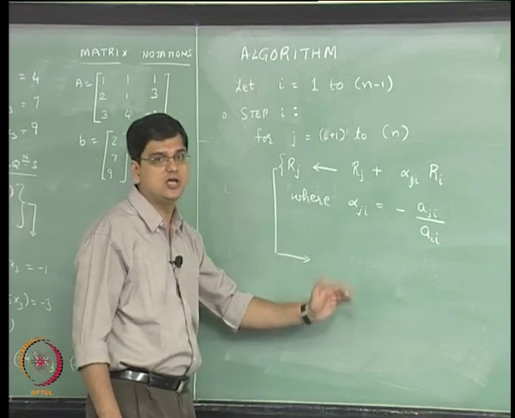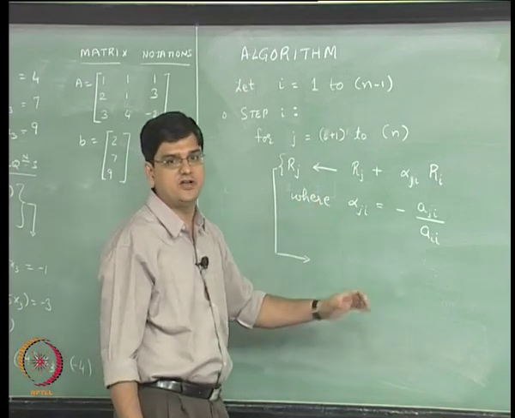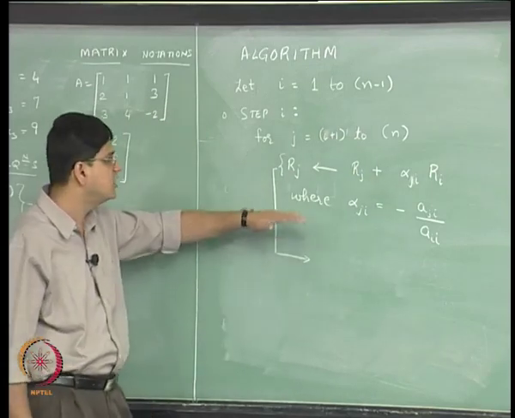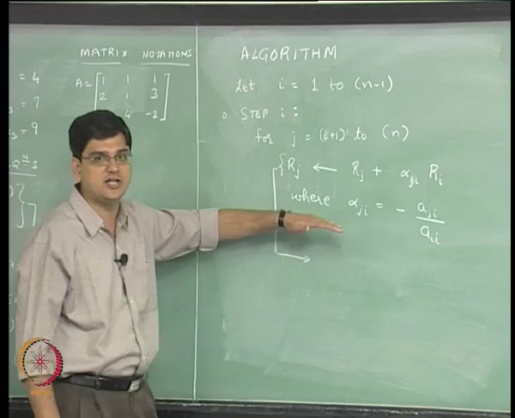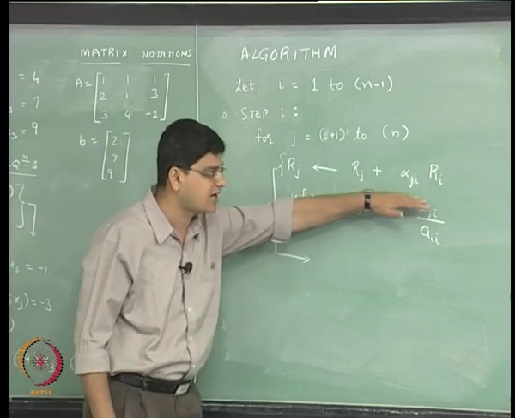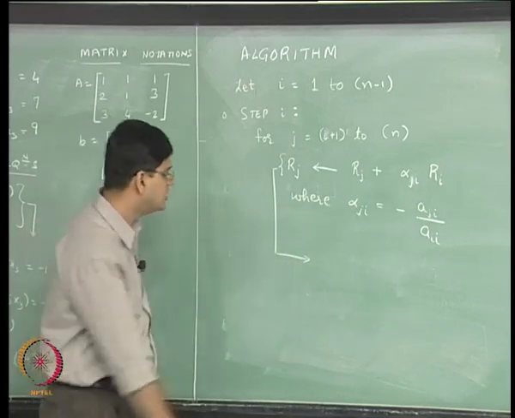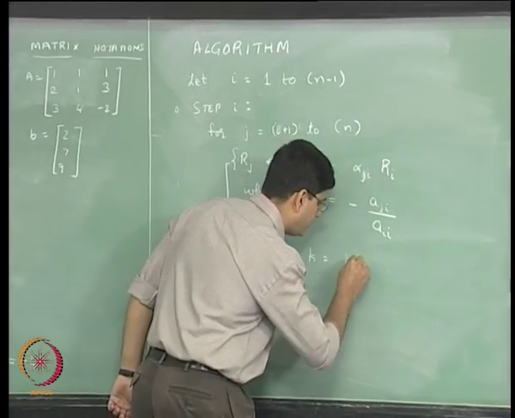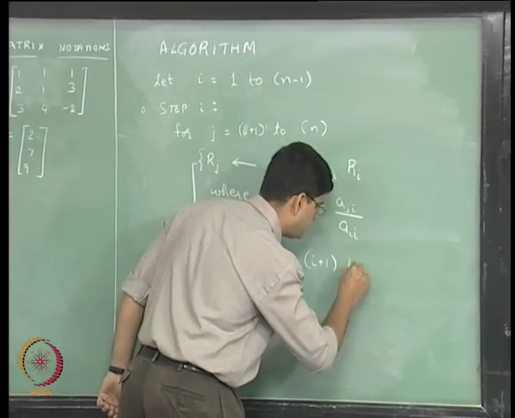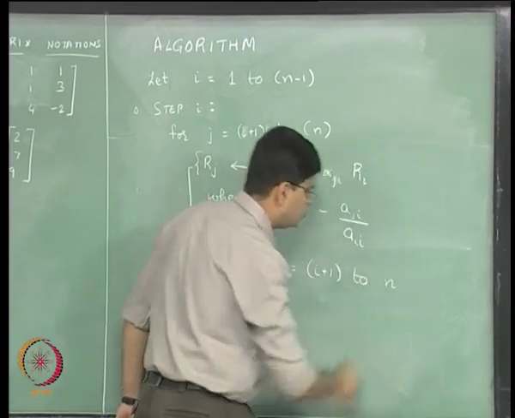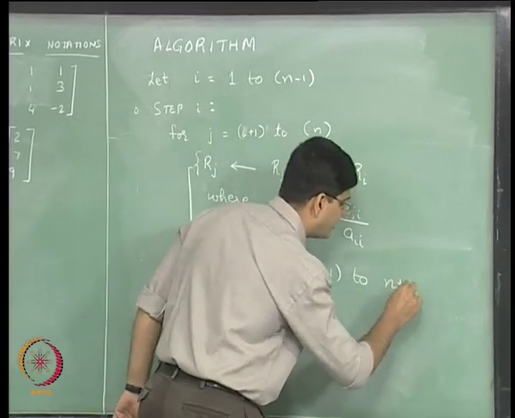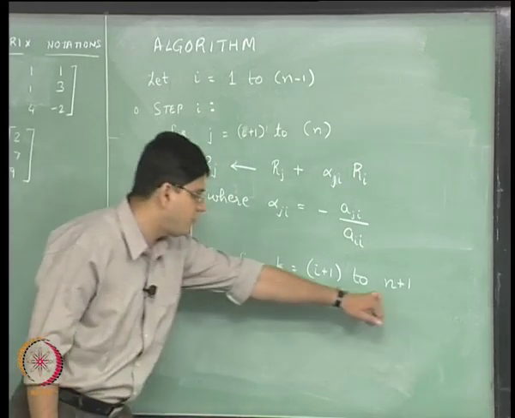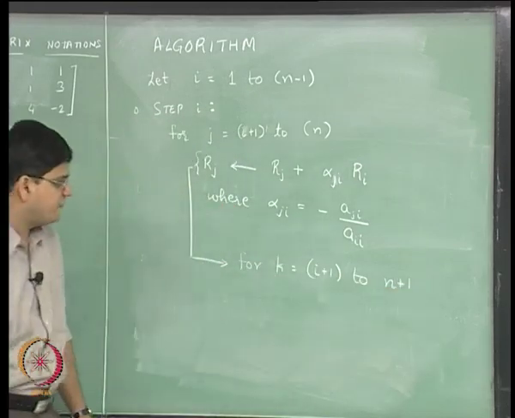In the ith column we will definitely get a 0, because we are using Ri in order to get 0 in that column. So we will have k going from I plus 1 to n plus 1, where the n plus 1 is for the vector b.